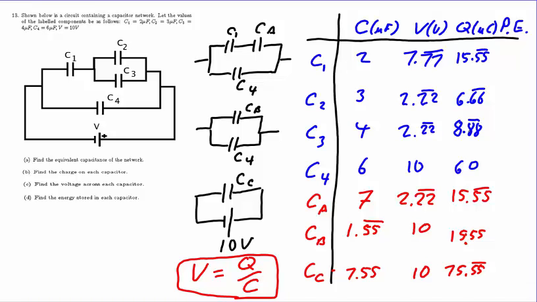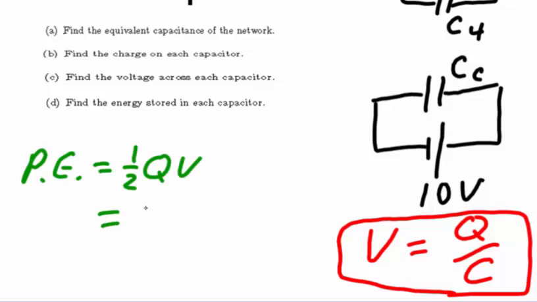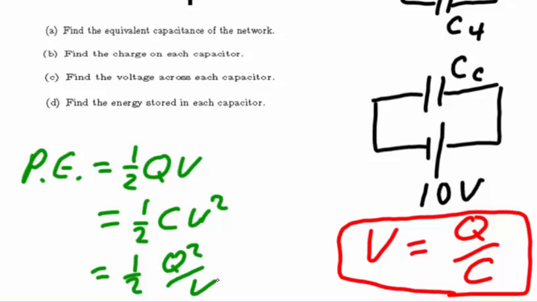Finally, now that we have the voltage and charge on every capacitor, we can calculate the potential energy. There are 3 possible ways to calculate the potential energy. We could calculate the potential energy as 1/2 QV, or as 1/2 CV squared, or as 1/2 Q squared over C. I don't care which one you do, you're going to get the same answer either way.